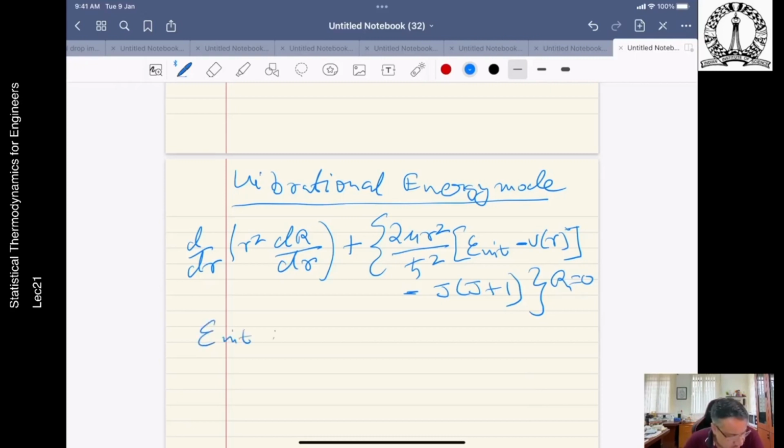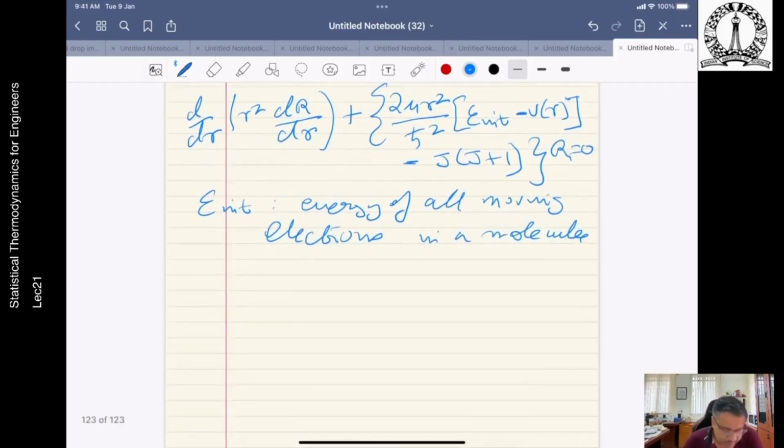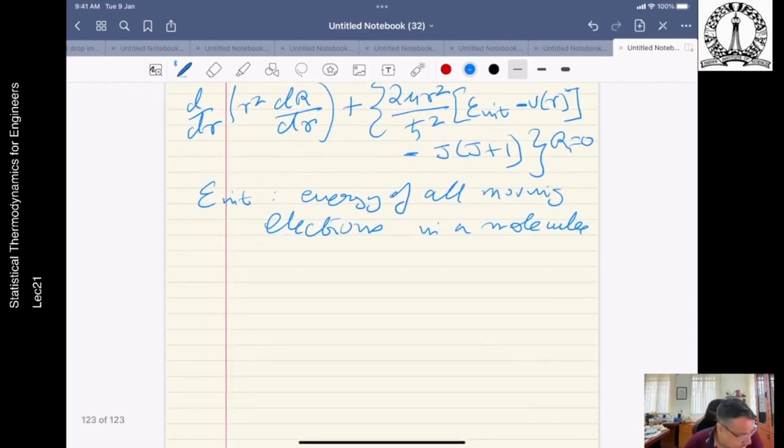This is the internal energy of all moving electrons in a molecule, not a single R coordinate per se. So we separate the electronic and nuclear motion.